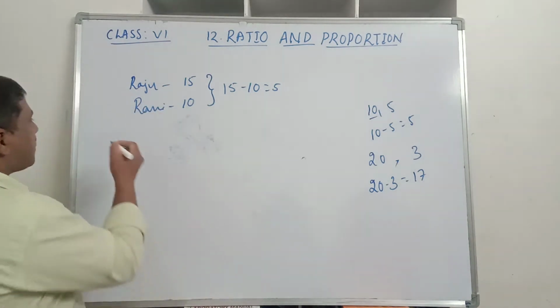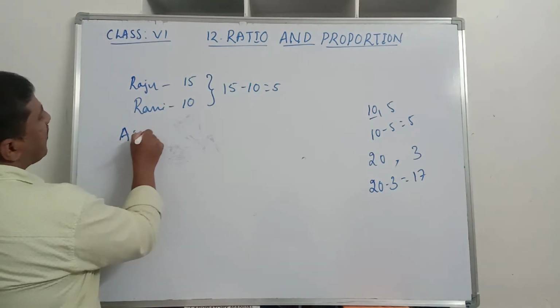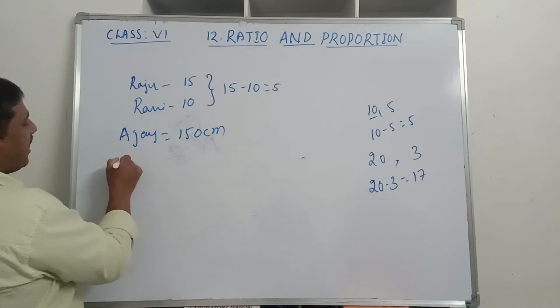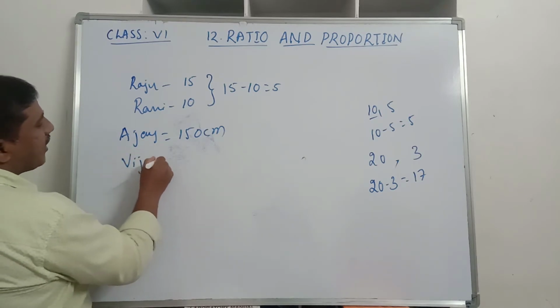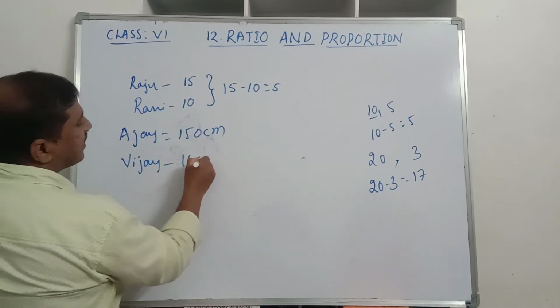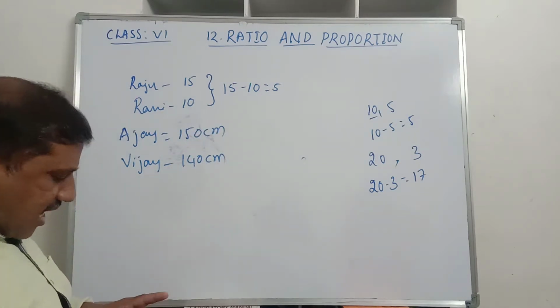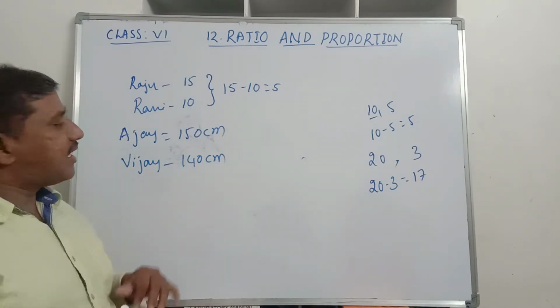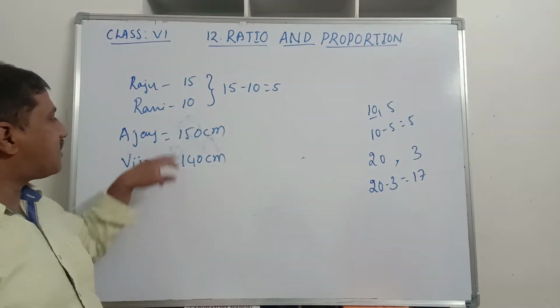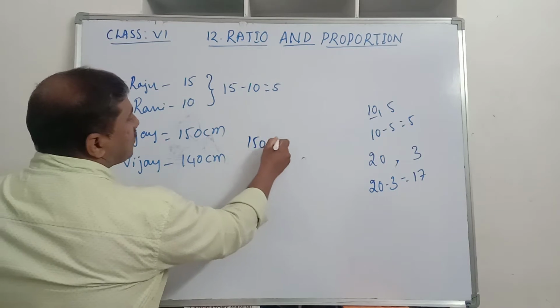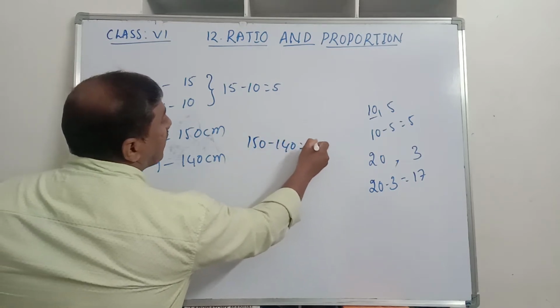Next, take one more example. The height of Ajay is 150 centimeters and the height of Vijay, one more boy, is 140 centimeters. So we can compare their heights. How do we compare their heights? By subtracting these 2 numbers, 150 minus 140, that is 10 centimeters.